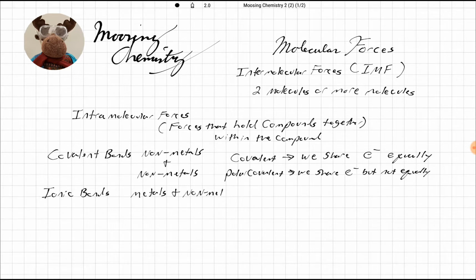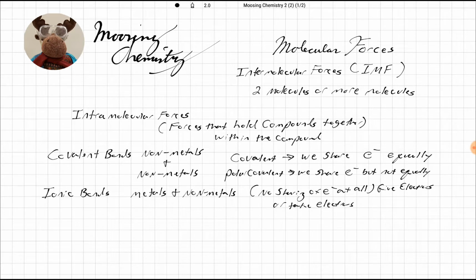We don't share electrons at all, so there's no sharing of electrons at all. It's kind of like a give electrons or take electrons kind of situation. Okay, and that's important to remember.